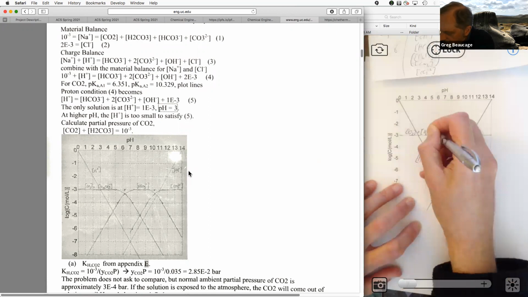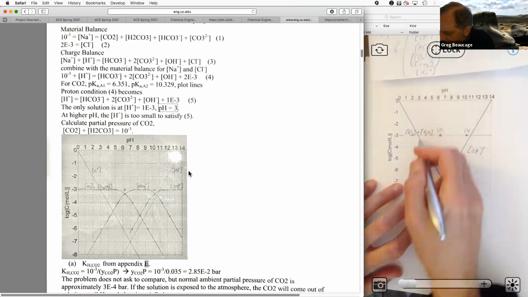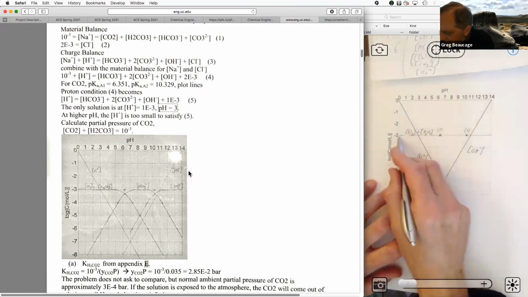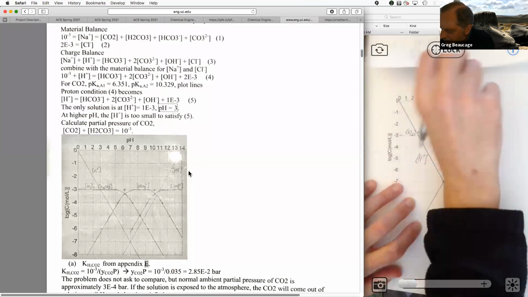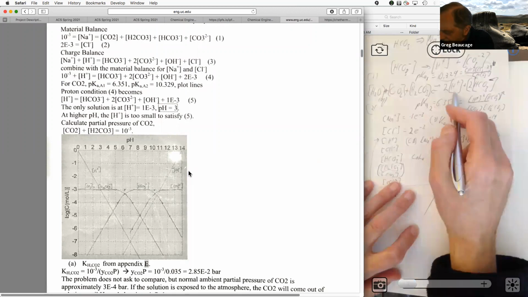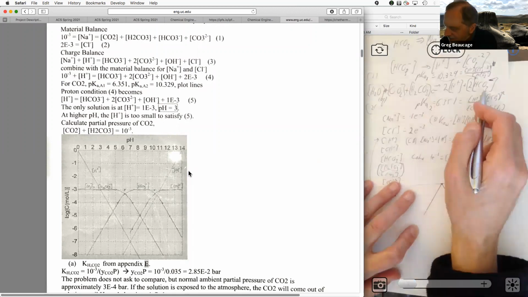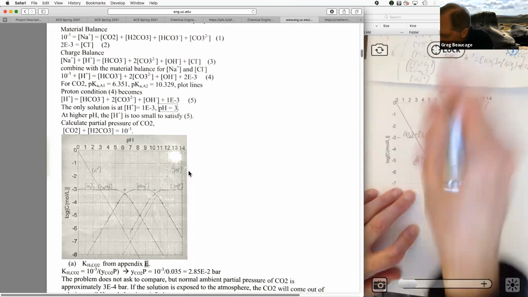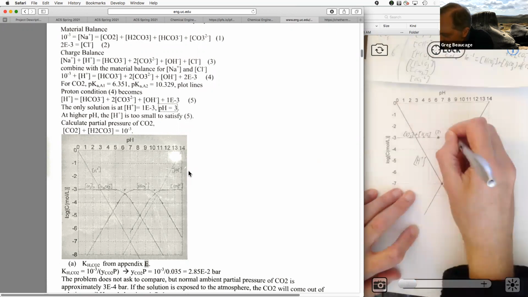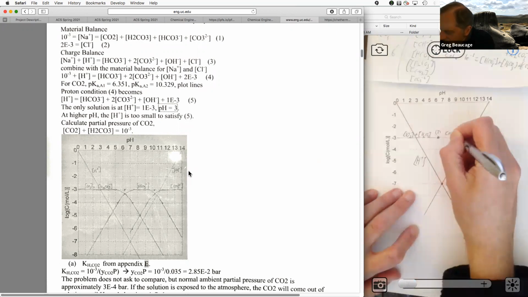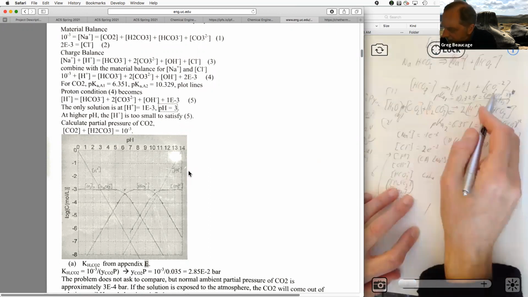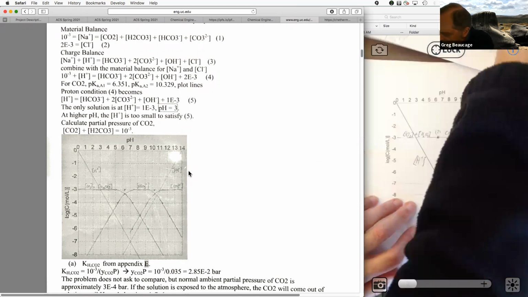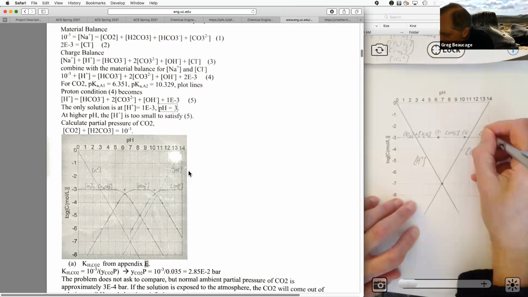So if we're at a low pH, all the material is going to be in that state. And then in between, that's going to degrade into HCO3 minus. Then the HCO3 minus degrades into CO3 2 minus, so that's way out at high pH.